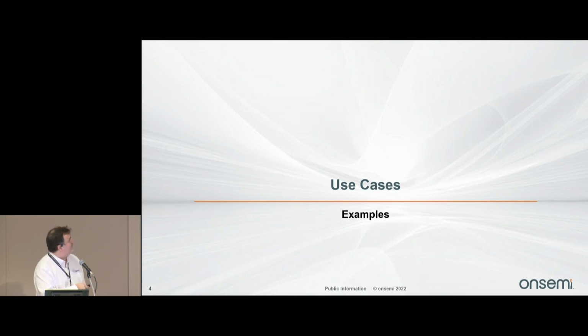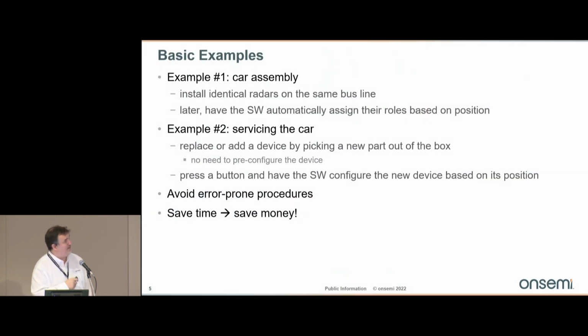Let me start from very basic examples here. Just imagine you have your car being assembled and you want to install radars on the same bus. Ideally, what you would like to do is just take a radar, pick it out of the box without any pre-configuration and without the need of any hardware settings.